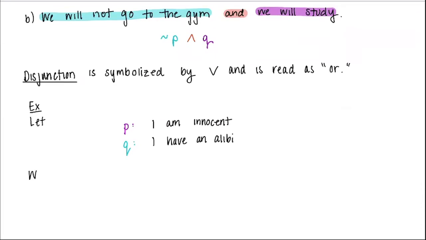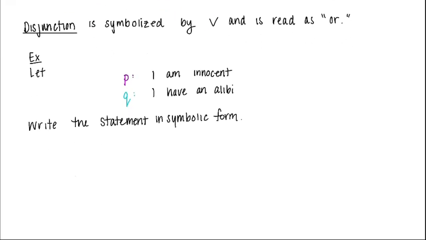And then from here, we're going to write the statement in symbolic form. We're going to do two again. First one we're going to do is the statement I am innocent, or I do not have an alibi.